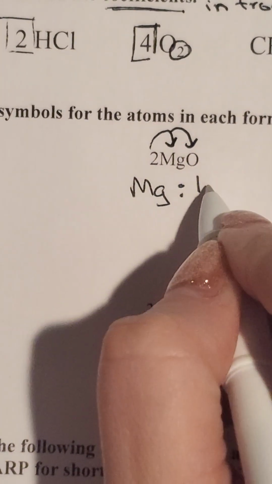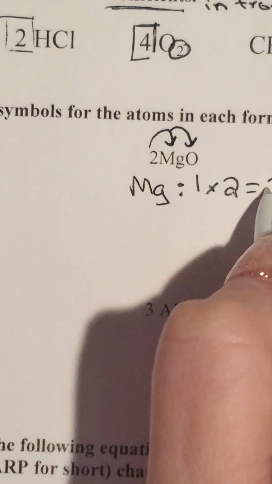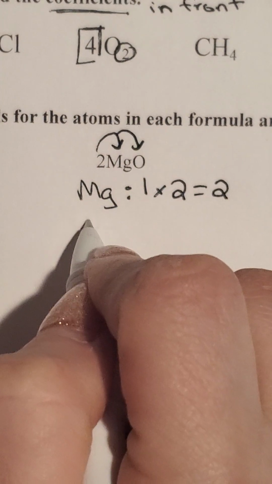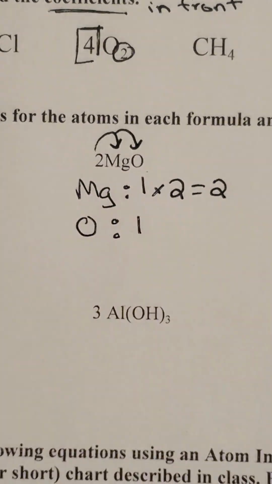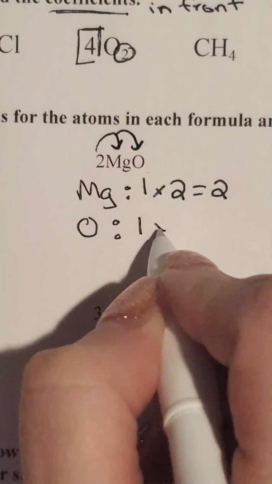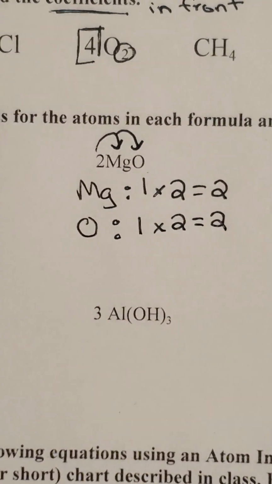However, the 2 in front means that I'm going to multiply that by 2, giving me a total of 2 atoms of Mg. Oxygen, or O, originally no subscript, so I have 1. The 2 in front gets distributed throughout, so I multiply by 2 for a total of 2 oxygen atoms.